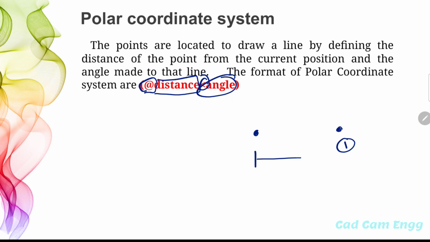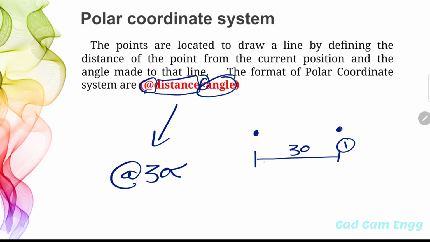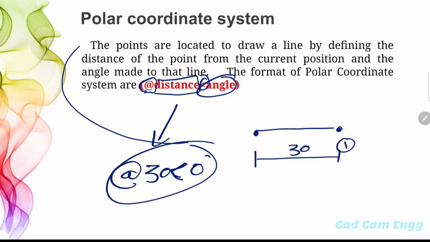This distance is 30. So in AutoCAD we use the @ symbol, then the distance 30, then the less than symbol, then the angle, which is 0 degree. So we put 0. This is the format of the polar coordinate system.